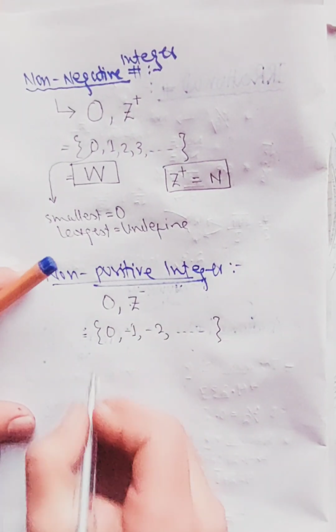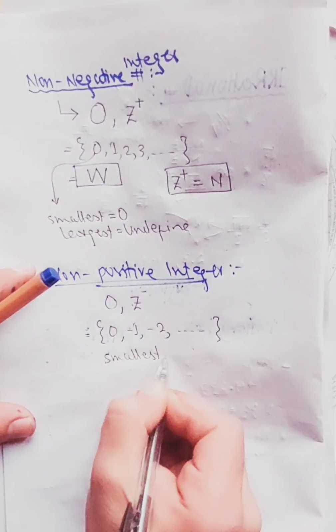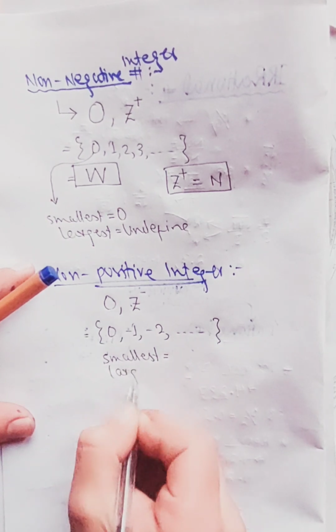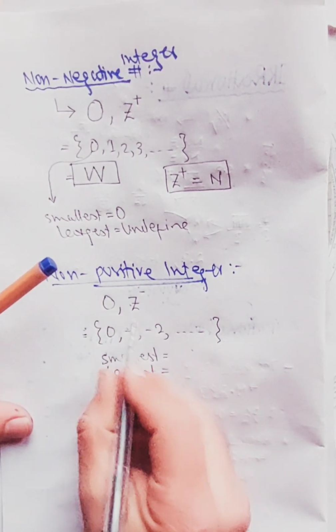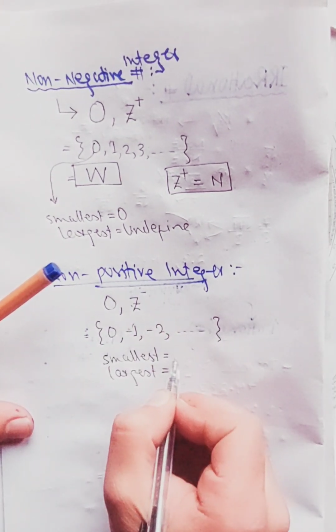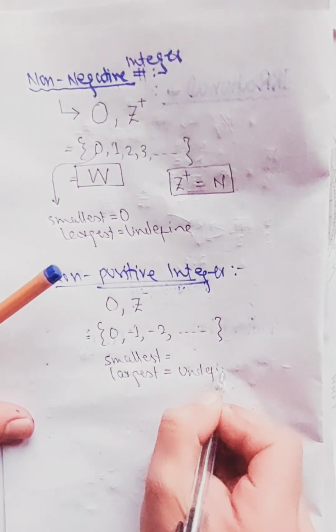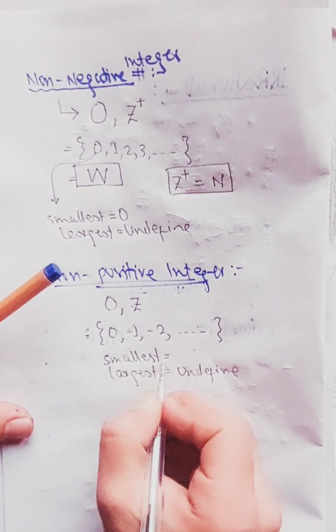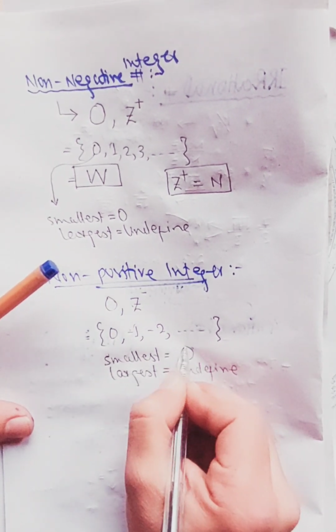So if I ask you what is the smallest non-positive integer and what is the largest, कुछ लोग 0 यहाँ पे लिखते हैं. This is not the smallest. Smallest is undefined. There is a negative sign. And what is the largest non-positive integer? That is 0.